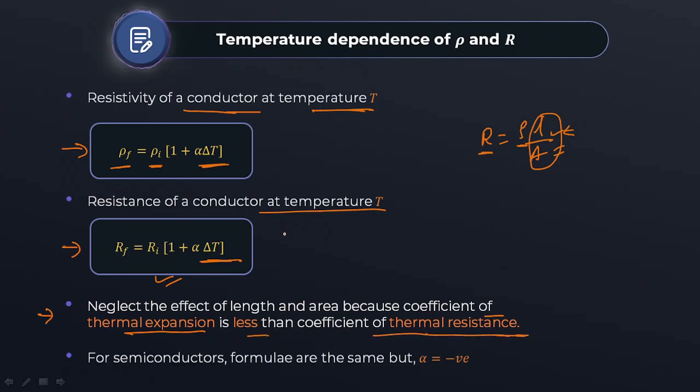So the number by which rho is changing is very large compared to the L and A change, right? For semiconductors, alpha is negative. This was for metal. So for semiconductors, if we increase the temperature, then resistance will decrease because alpha is negative. Simple.